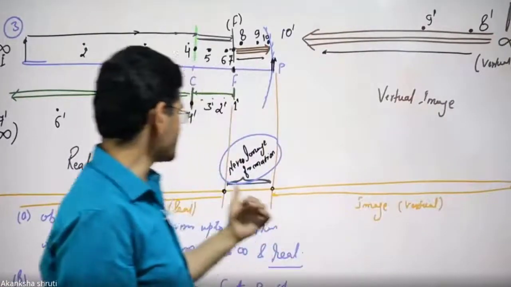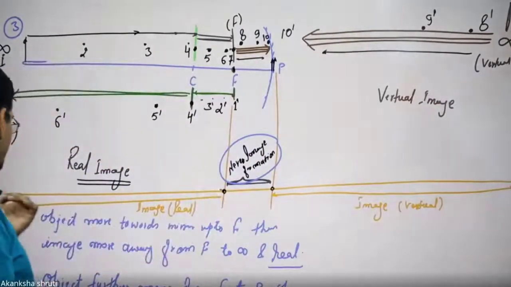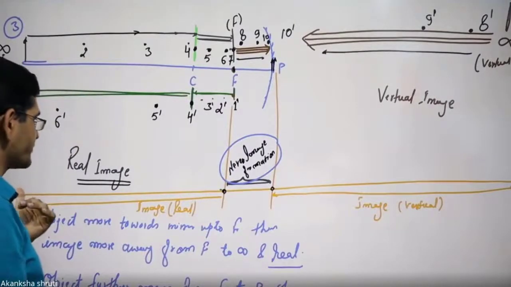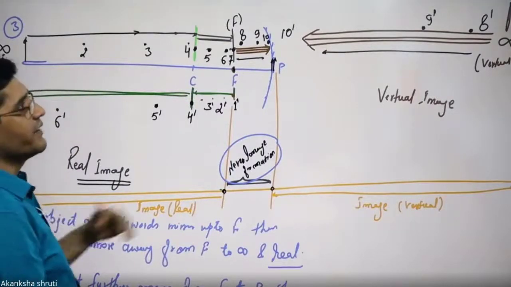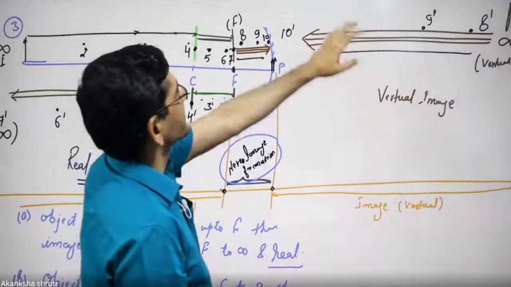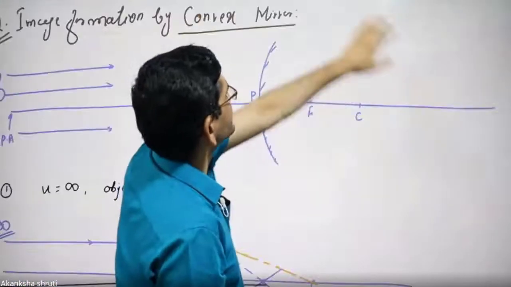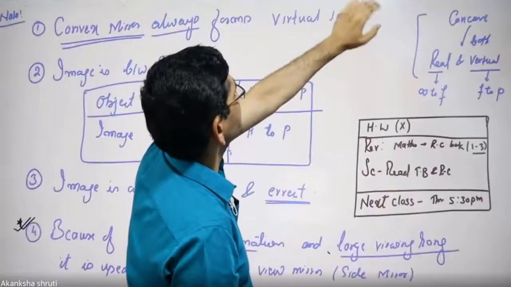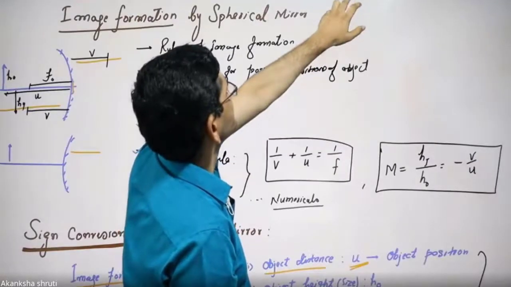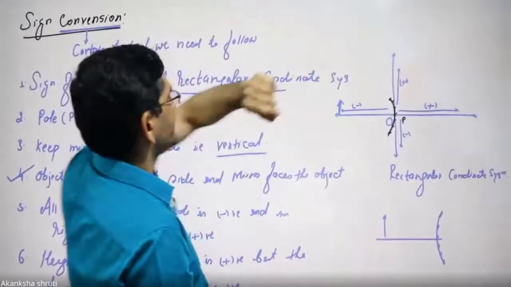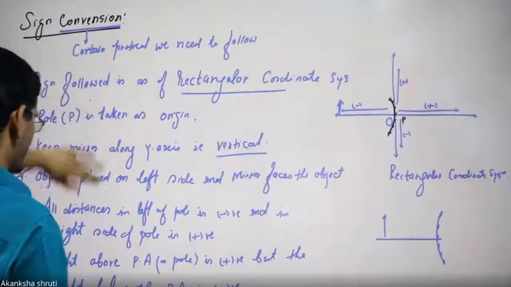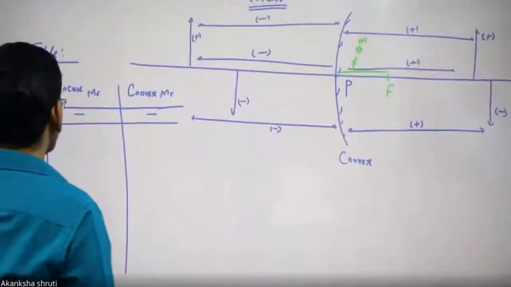If the image formed is real, surely it will be on the left hand side. If it is virtual, it will be on the right hand side. So applying the sign convention now, for the left hand side, the distance will be taken negative, but for the right hand side, the distance will be taken positive.